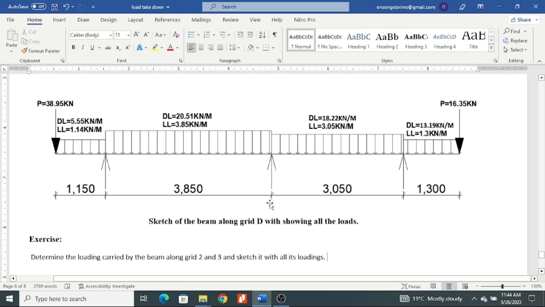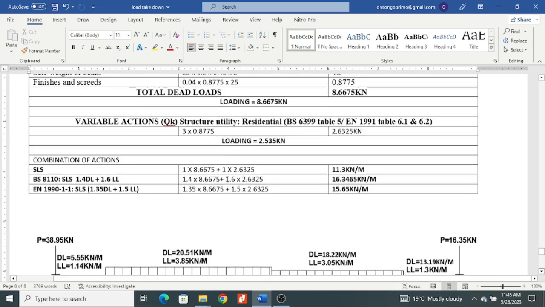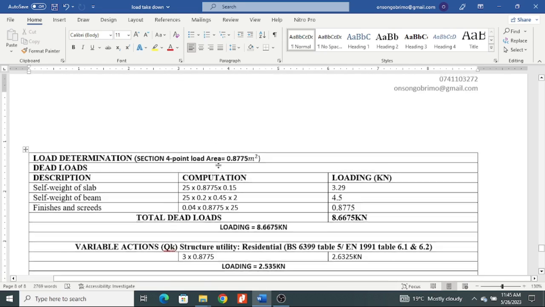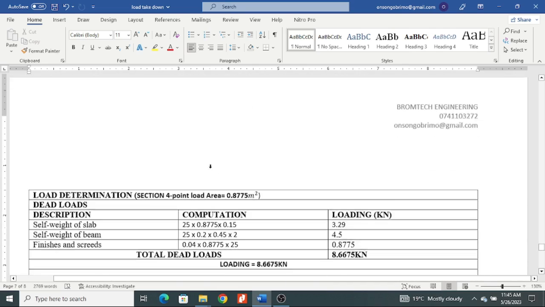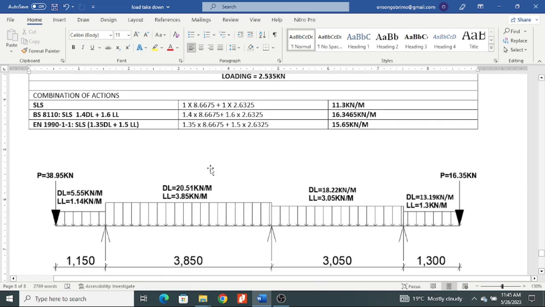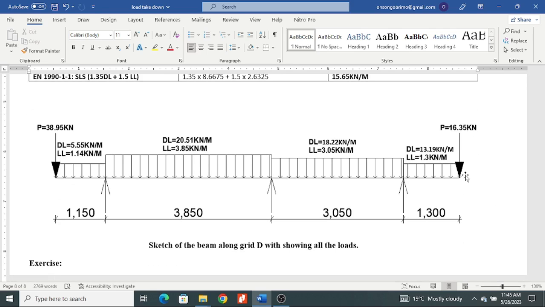So thank you very much for being with us since the start of this. I believe you have learnt. Try finding this. There were small notable issues we noted with our work. For instance, when we were determining the height of our masonry, we used 2.4 instead of 2.55, and those were done intentionally so that we can note them out in this video so that you take care when you're doing your load takedowns.